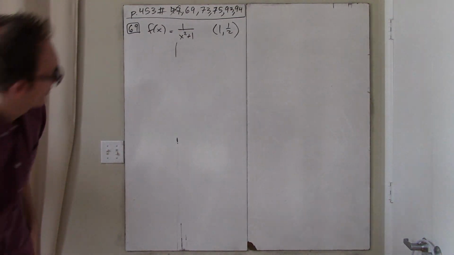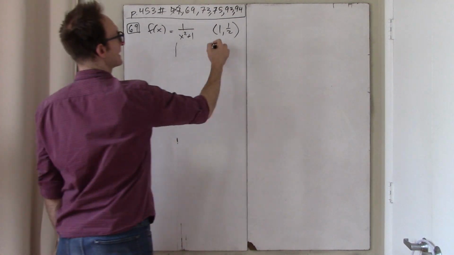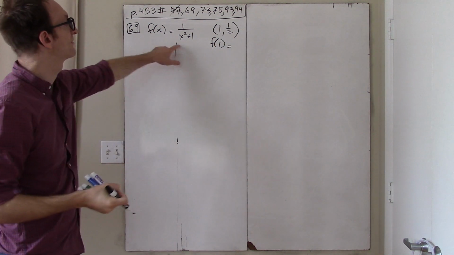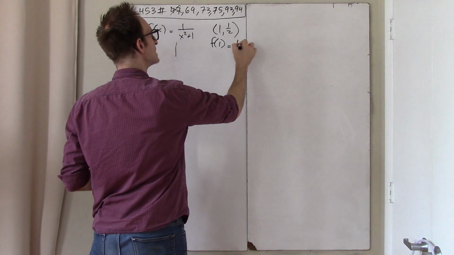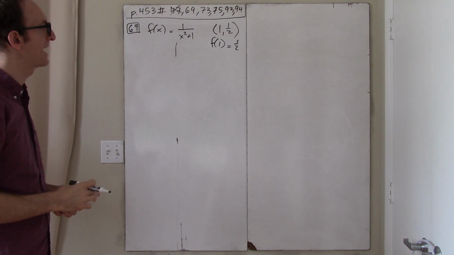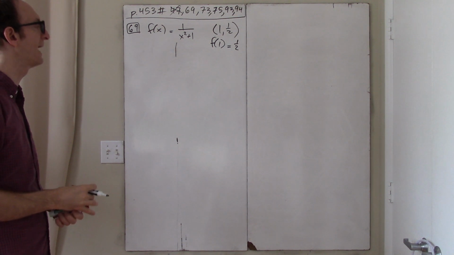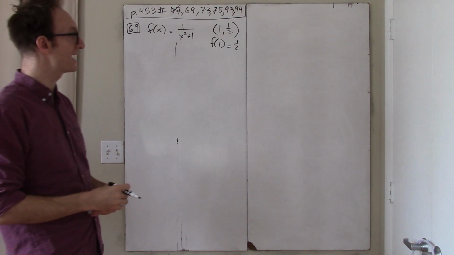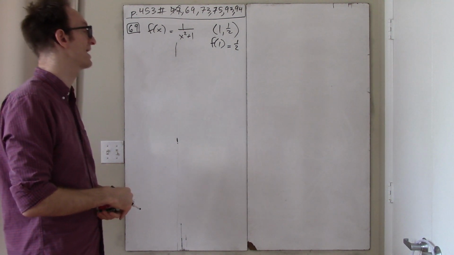So first, let's confirm that this problem is correct, because what is f of 1? Well, yes, it is 1/2. So 1 comma 1/2 is a point on this curve, and we need to find the area of the region bounded by the graph of the function and the graph of the tangent line to the function at that point.